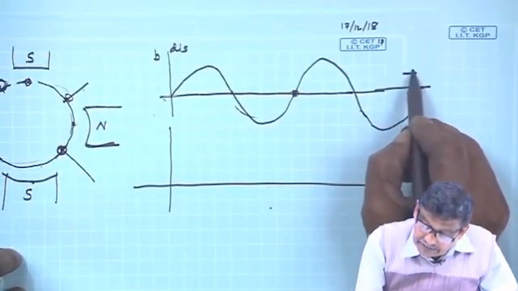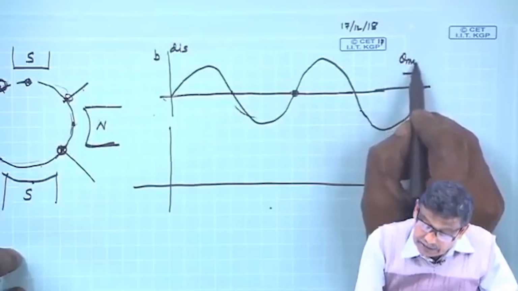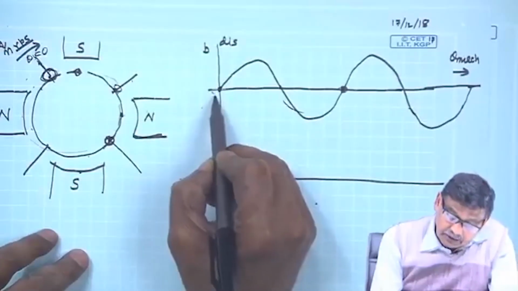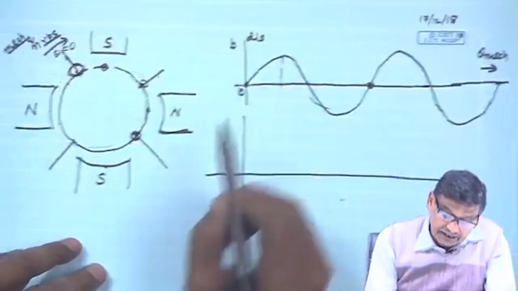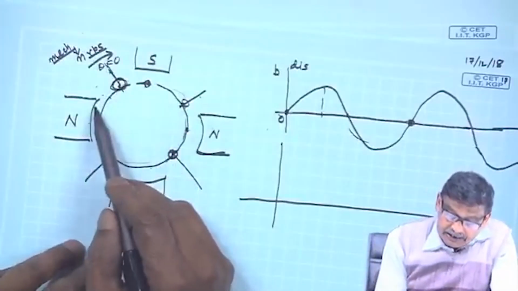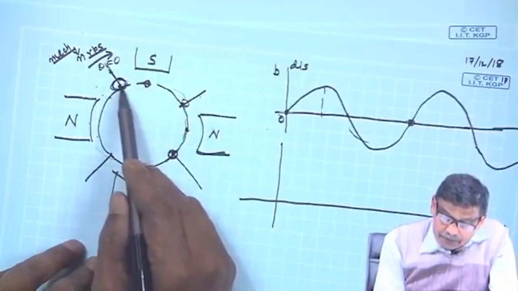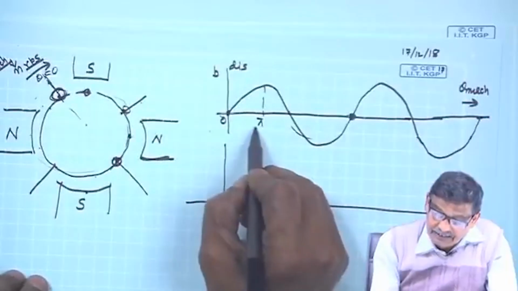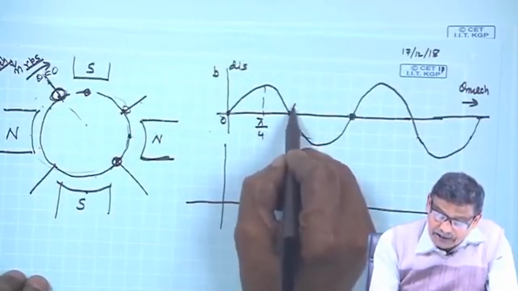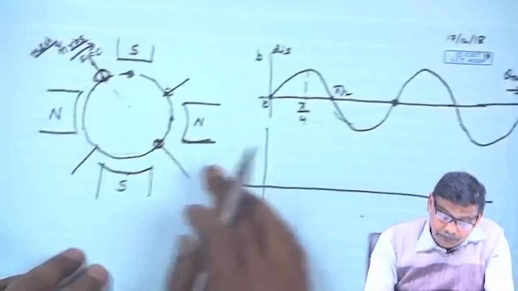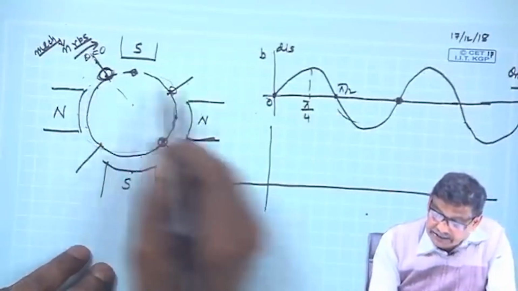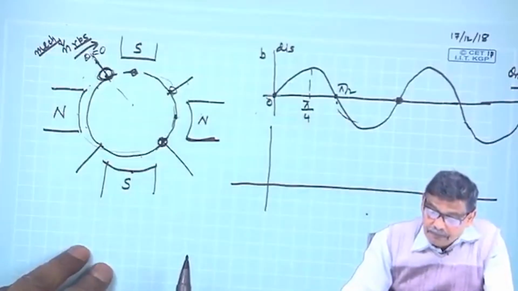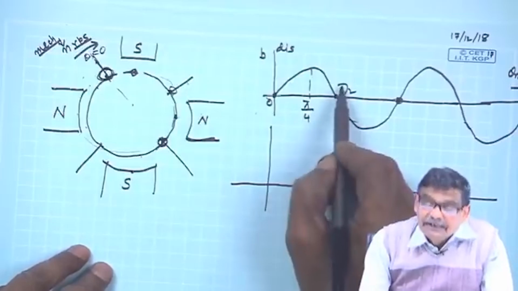If I sketch this as theta mechanical versus B distribution, then what should I write? Theta equal to 0 here. Here how much should I write? B was 0 here, you have moved only 45 degrees, this is pi by 4 under this heading, is it not? This is pi by 2, you have only moved by 90 degrees mechanical and got pi by 2, not pi.